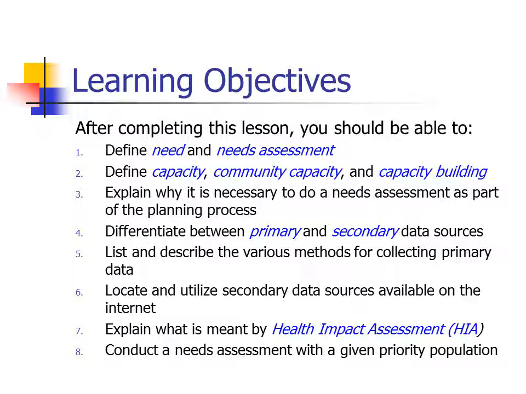Be able to list and describe various methods for collecting primary data. To be able to locate and utilize secondary data sources as part of your needs assessment. To explain what's meant by a health impact assessment, and to be able to, after we're done with this, at least feel comfortable conducting part of a needs assessment for a priority population.